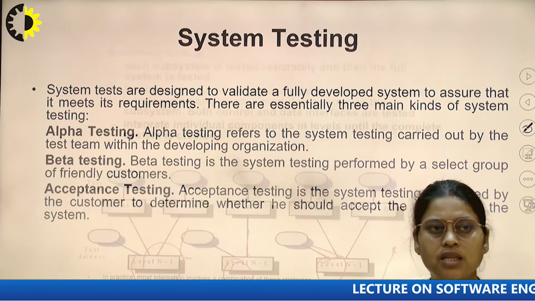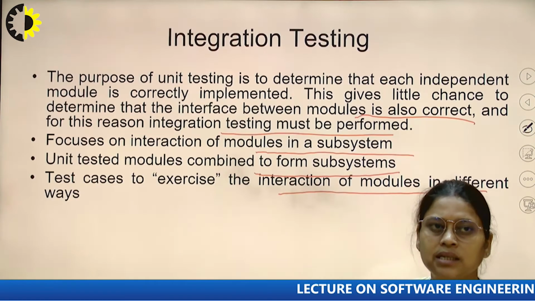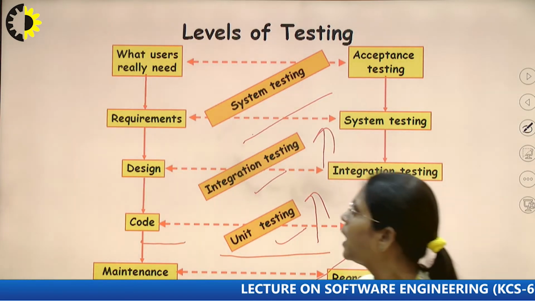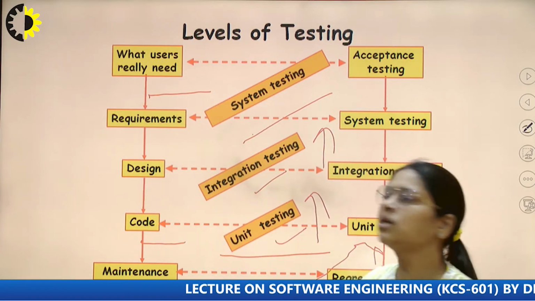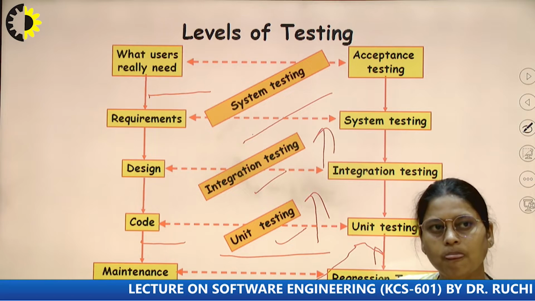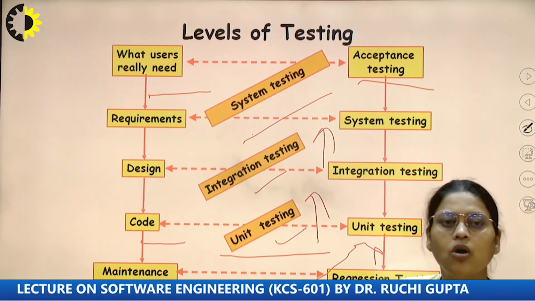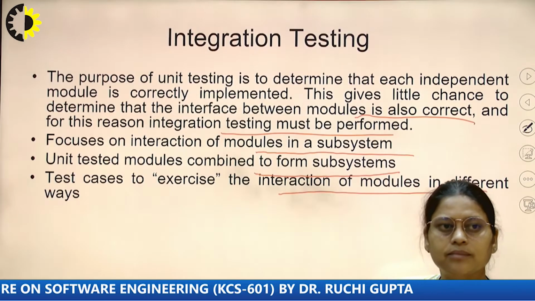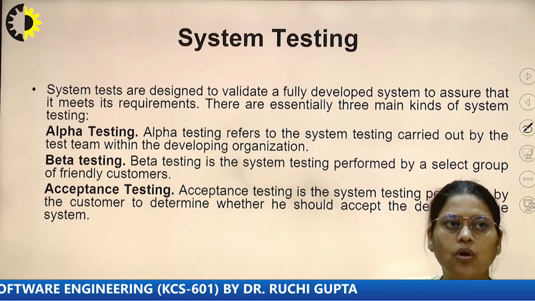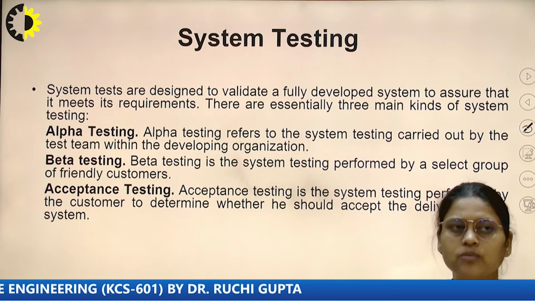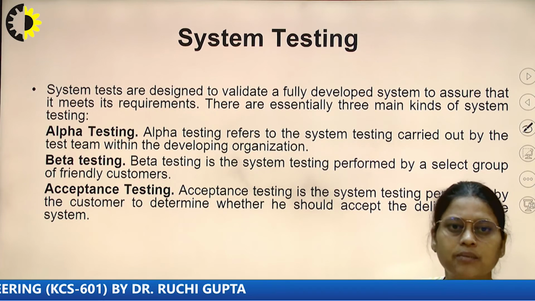As we have seen in this figure, acceptance testing finally validates the user requirement, or user expectation. So, these are the 3 types of testing that come under system testing.